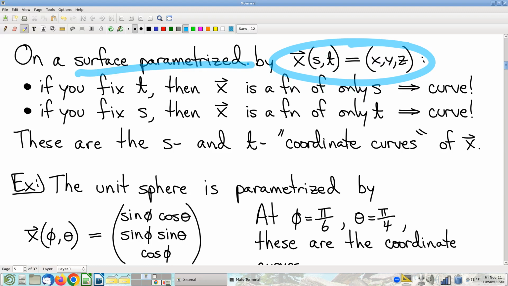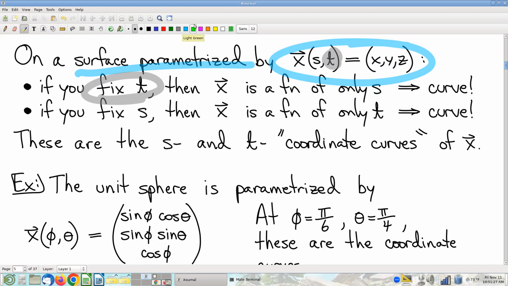I'm going to make a seemingly silly observation: if you have two variables, but then you fix one of the variables to be a constant, well, now you have one variable. It's kind of a silly observation. If you have two variables, but one of the variables isn't a variable, then you have one variable. Tautological, you might say.